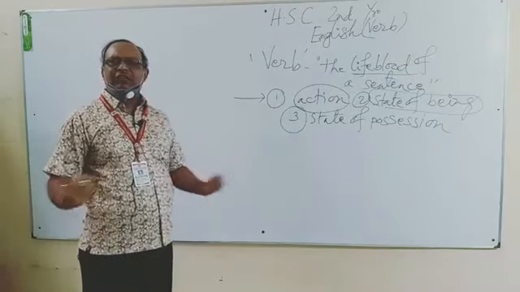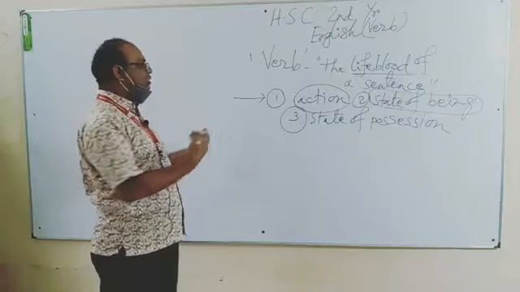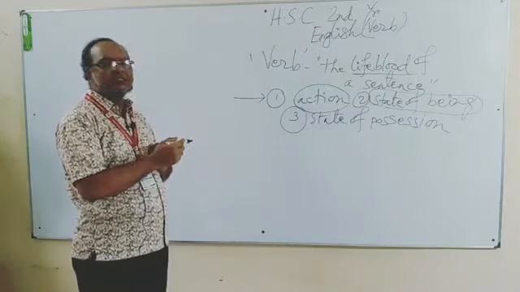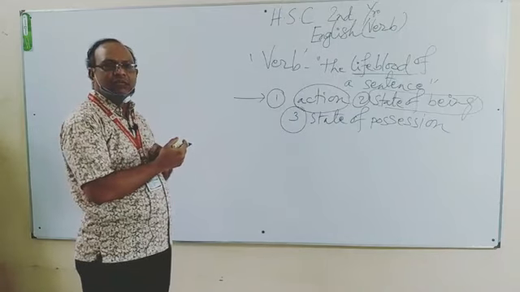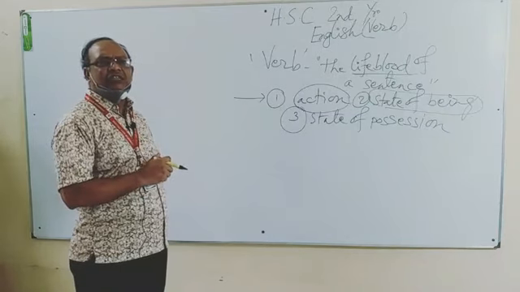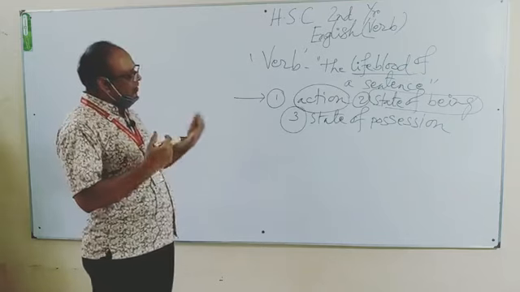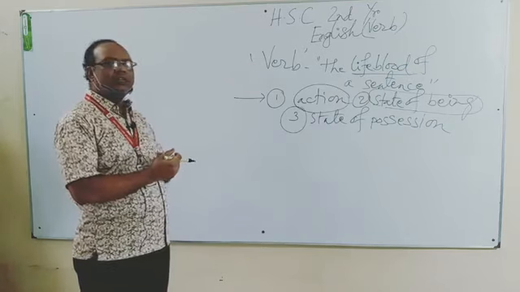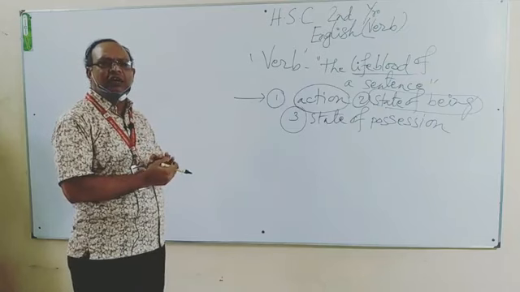If I say, I am a teacher, or you are a student, in the sentence "I am a teacher" there is a verb, am. Am here does not denote any action. Or in the other sentence, you are a student, there is a verb, are.